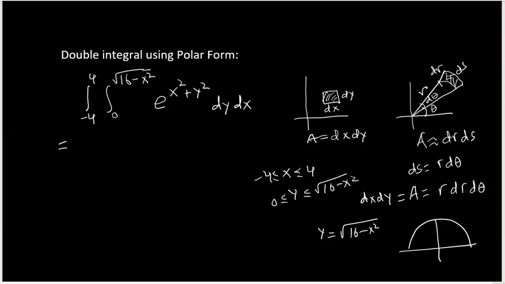If you square both sides, you get y squared equals 16 minus x squared. So that means x squared plus y squared equals 16. So that is the complete circle, but we are taking the positive portion, so above the x-axis. And if you carefully check, you will see the intercepts here will be -4 to +4. And we are taking y from 0 to the curve. So this is basically the domain of integration.